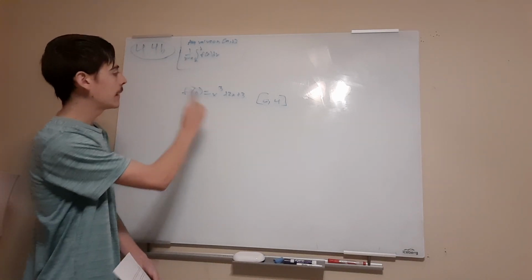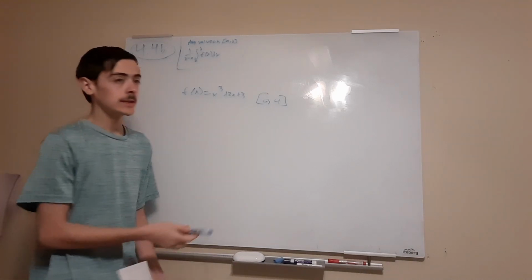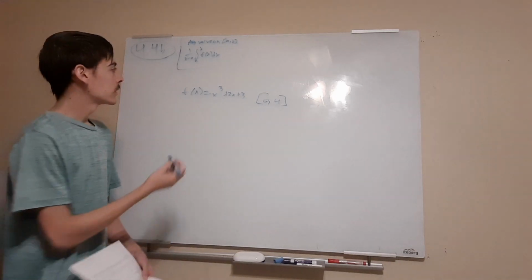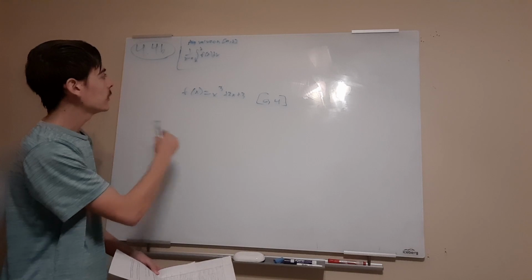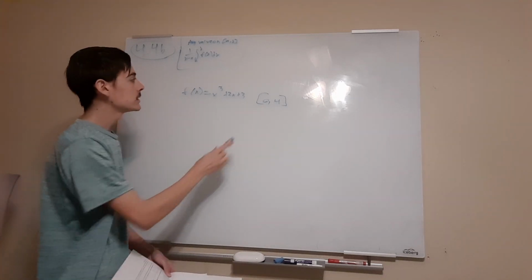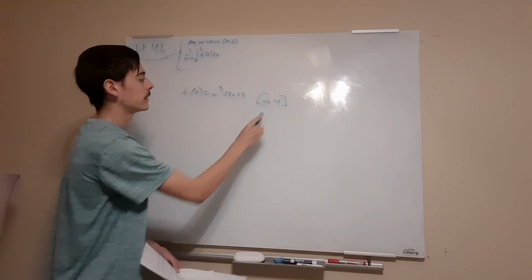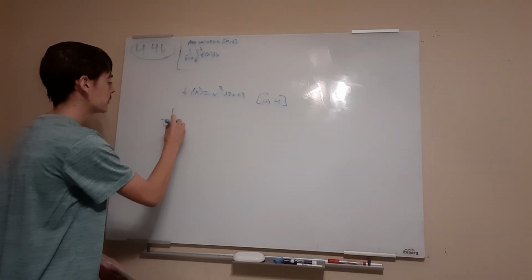For the rest of the problems in this video, all we're going to be doing is finding the average value of the function given to us on the interval given to us, using the formula that we just found. The first part of the formula says we have to do 1 over b minus a, which essentially means 1 over the high bound of the interval minus the low bound of the interval. So for us, that would be 1 over 4 minus 0.